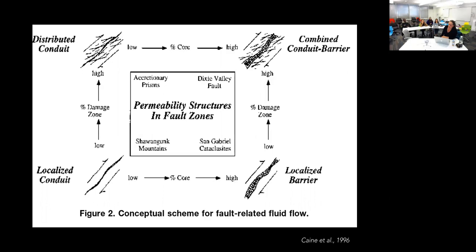No one fault is going to be uniformly one of these types all along and across it. But this is actually one of the cool papers that's a real crossover between geology and hydrology. The hydrologists have adopted this maybe even more than geologists have. It's an interesting way to think about it, especially to import it into thinking about fault valving in the earthquake cycle.